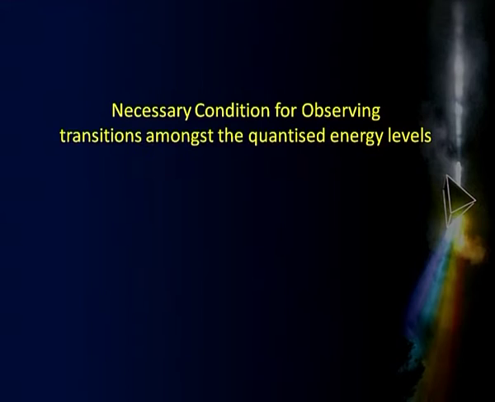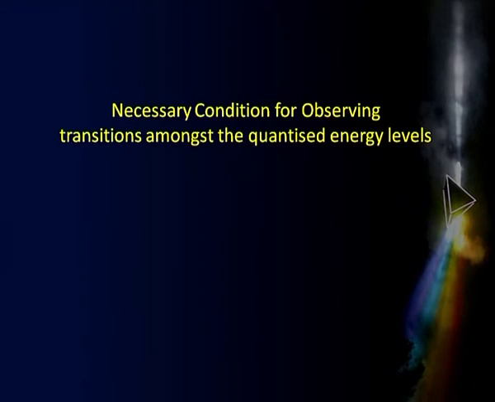Now, let us move on further and see what kind of necessary condition is required. We have seen how to talk about molecular vibration as a harmonic oscillator to begin with, and we find that this motion is quantized; we got an energy expression which translates into an energy level diagram.